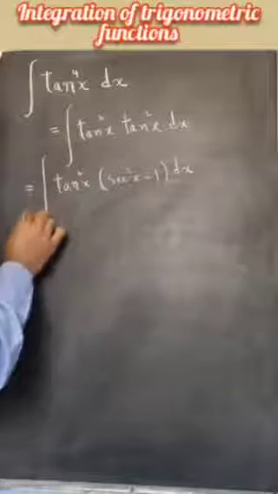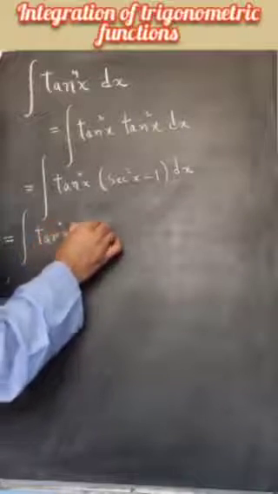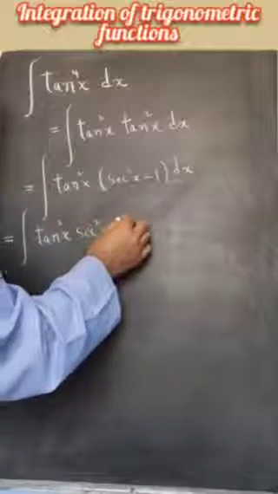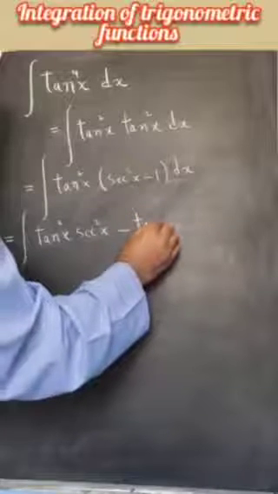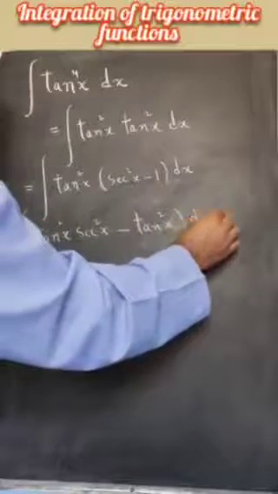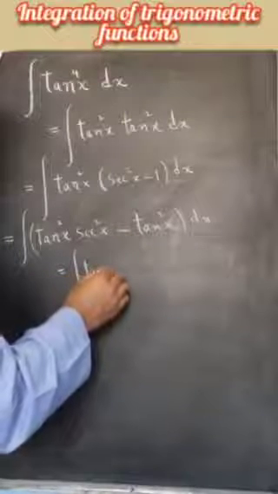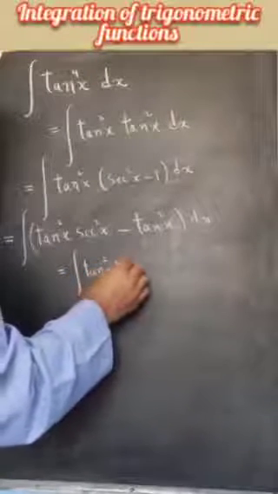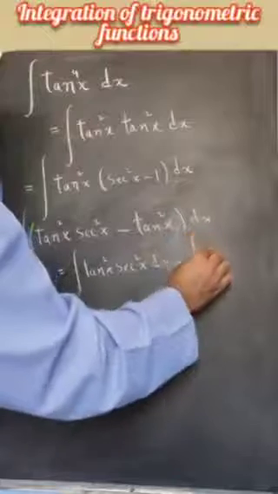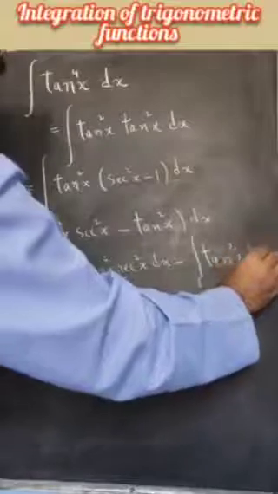That is further equal to integral tan square x secant square x minus tan square x dx, or integral tan square x secant square x dx minus integral tan square x dx.